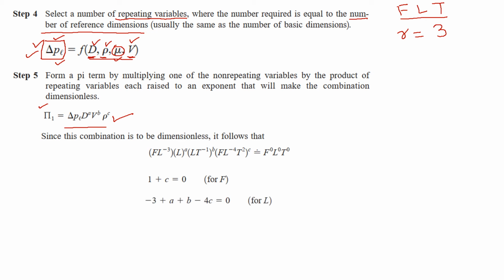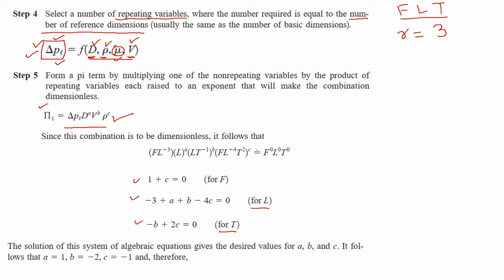This is the equation by taking the power of L, that is the length, and this is the equation by taking the powers of time. So by solving these three equations simultaneously, we will get our values of a, b, and c. So a is equal to 1, b is equal to -2, and c is equal to -1.